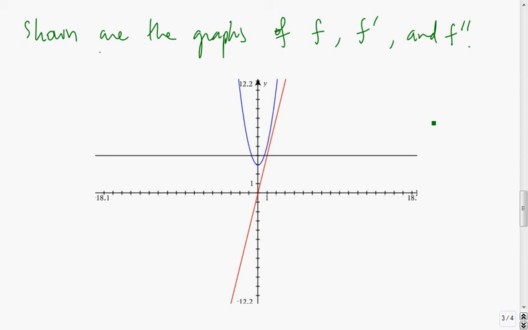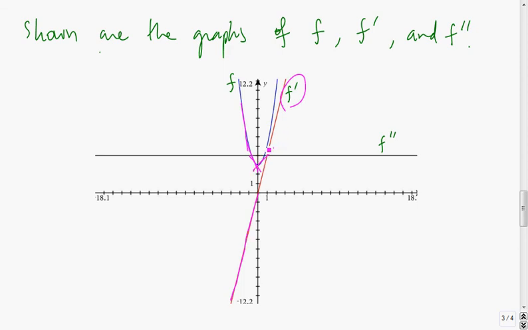Here we have the graphs of f prime and f double prime for the function that we were just working with. If we take a look at this, we see that for these values of x, the slope of the graph of f is negative, and that's why f prime is below the x-axis there, because the slopes are negative.